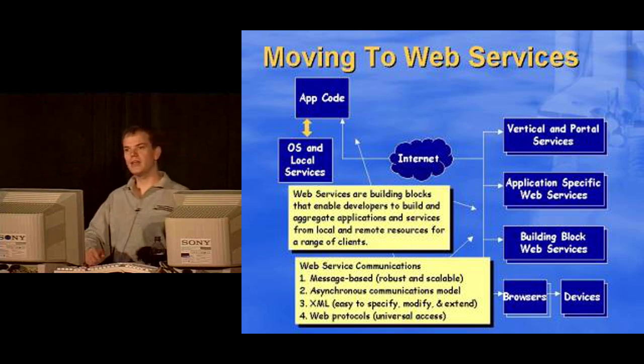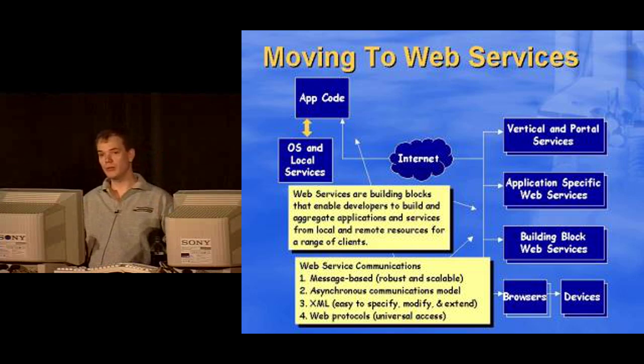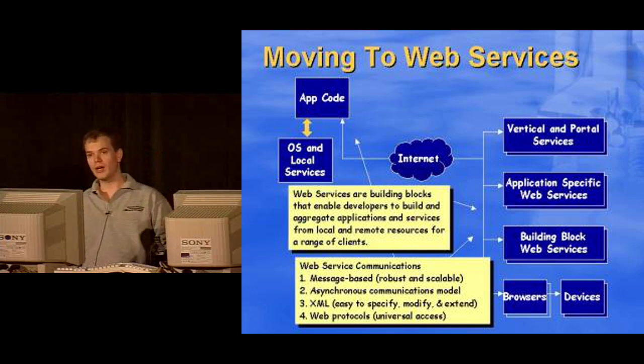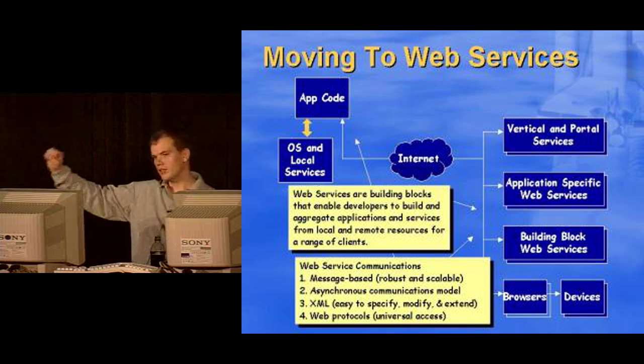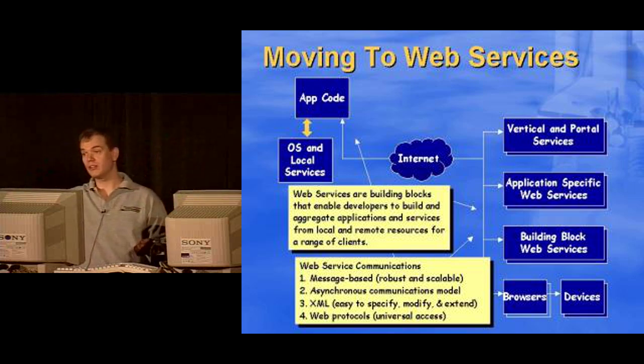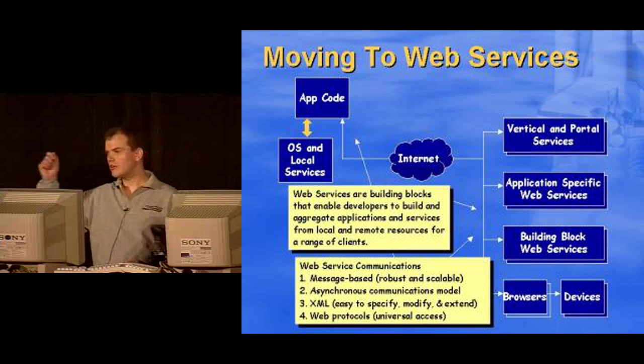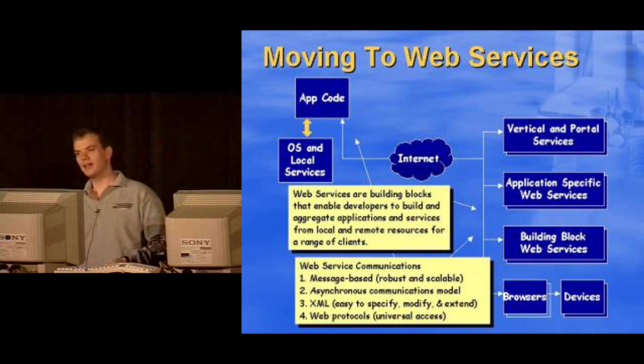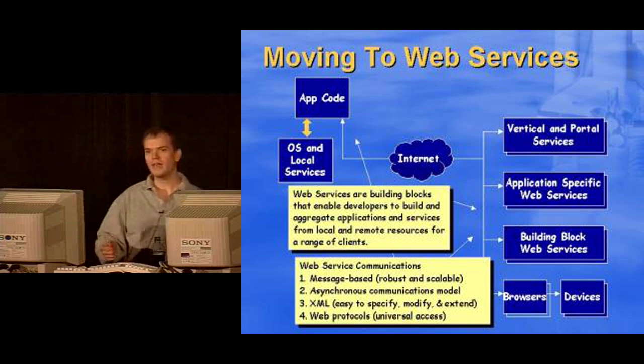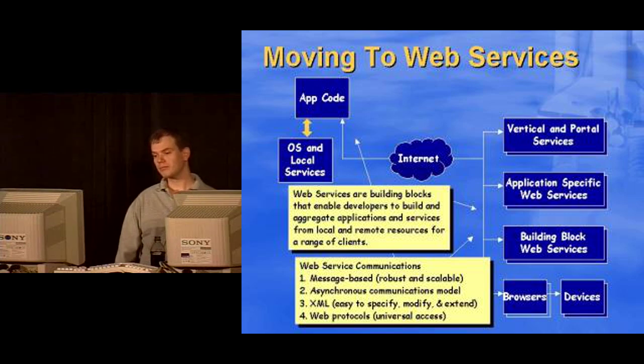It is not a model like the one DCOM uses today, or Corba, or Java RMI, where when your client comes up and it makes its call to the service, that service stays up until the client is done with it. It's the web-based model, where your client makes the call, the service fires up, returns the results, and dies. It makes the system much more scalable and much more reliable, because you're not having to deal with long-lived connections that can have memory leaks and stuff like that.